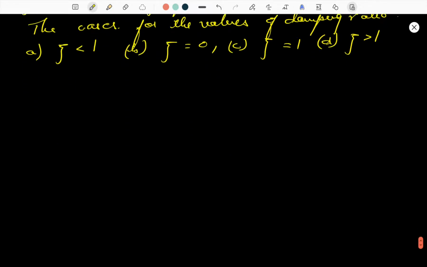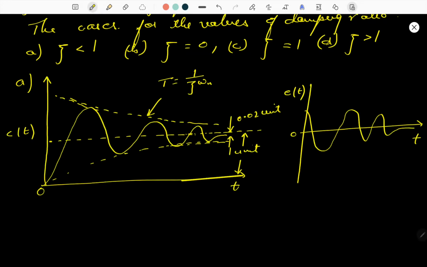First of all, let's take the time response when the value of zeta is less than 1. The time response and the error in the above expressions are plotted. So for zeta less than 1, you can see the time response and the error of a second order control system. This is the underdamped case.